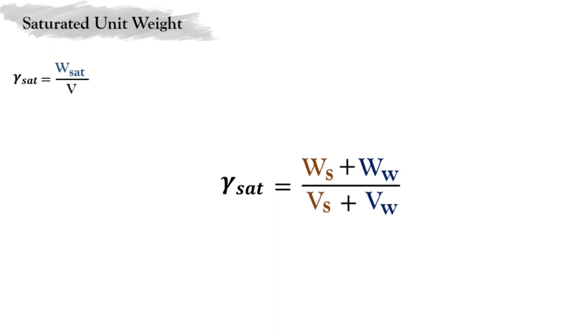Total weight pa rin ito, kaya pwede mo pa rin siya i-consider as bulk unit weight. And para naman sa ating total volume, syempre yan pa rin naman, the volume of the soil solids plus the volume of the water. Hindi na natin isasama dito yung volume of air kasi ito ay nasa saturated condition. Walang volume of air. Kaya yan lang yung total volume natin.